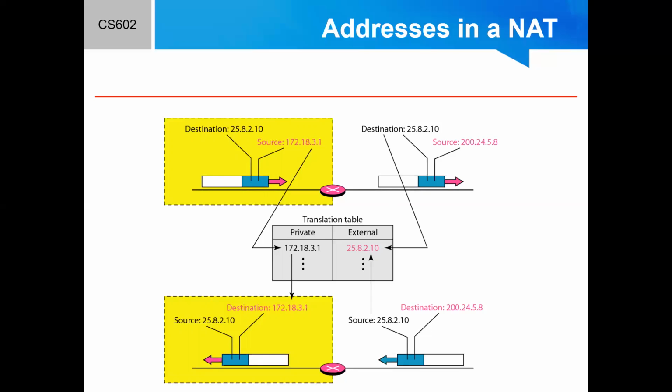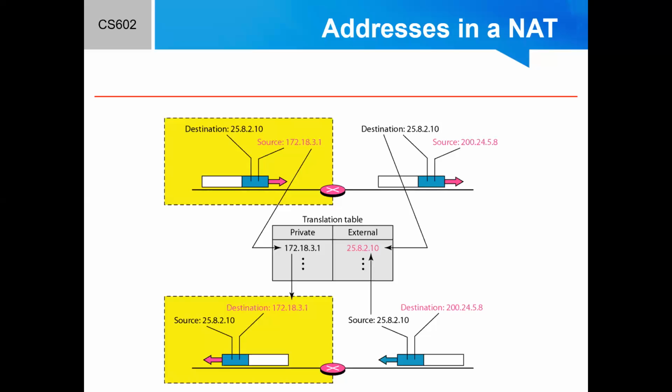For example, instead of using only one global address, 200.24.5.8, which was in the figure, the NAT router can now use four addresses, 200.24.5.8 to 200.24.5.11, four addresses, right? In this case, four private network hosts can communicate with the same external host at the same time because each pair of addresses defines a connection.